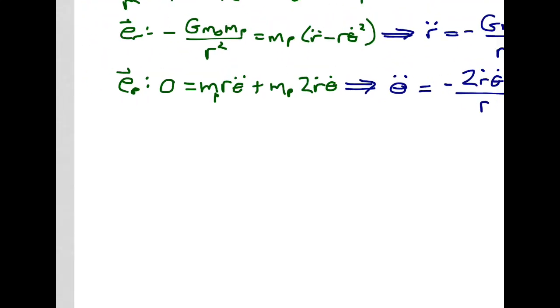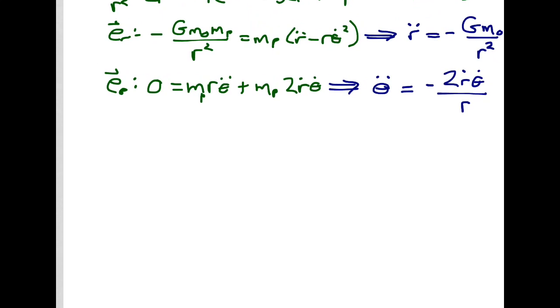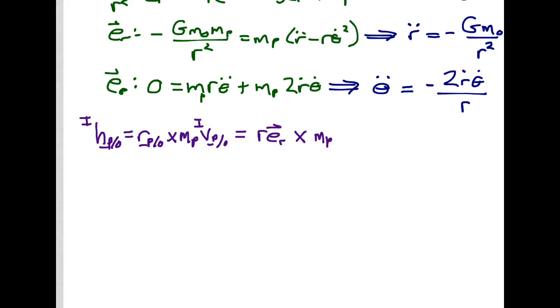So let's start by calculating angular momentum. The angular momentum of point P about the inertial point O is equal to r_P with respect to O crossed with the mass of P multiplied times the velocity of P with respect to O as observed in the inertial reference frame. This is r in the e_r direction crossed with that mass multiplied times our velocity, which we pull down from the top.